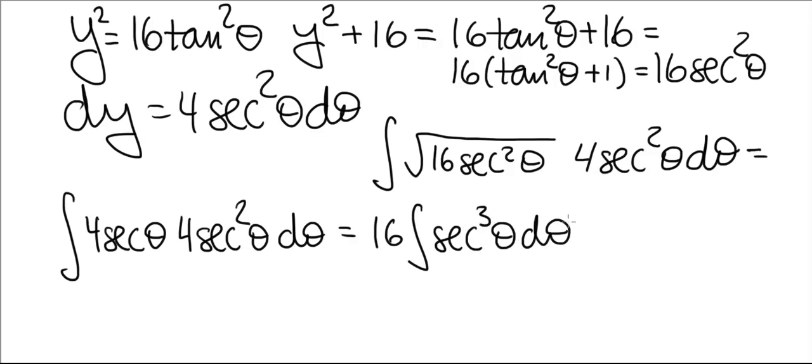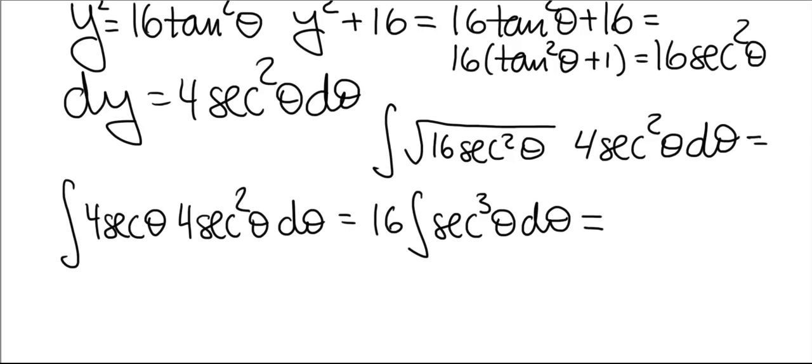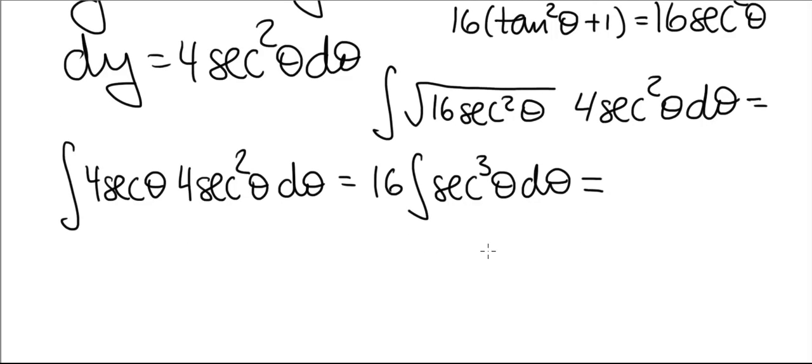Now the integral of secant cubed was derived in an earlier video. You can take a look at that. It was done by integration by parts. In another video, it was also derived by using a reduction formula. It's one of those integrals that you should know well when you're working with trig substitution problems. We have 16.